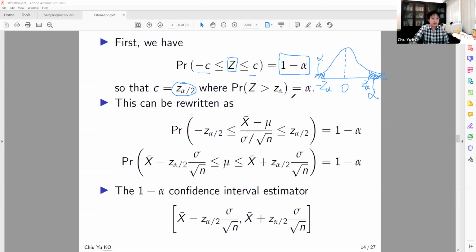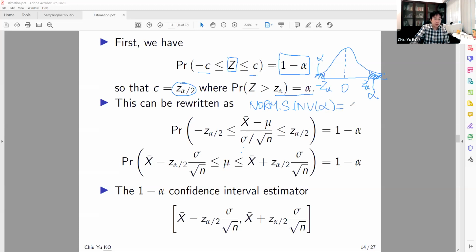Actually, we know how to do it. In Excel, you will be using the norm standard inverse of alpha.